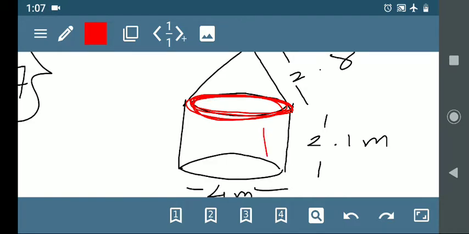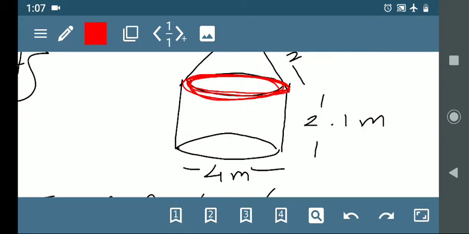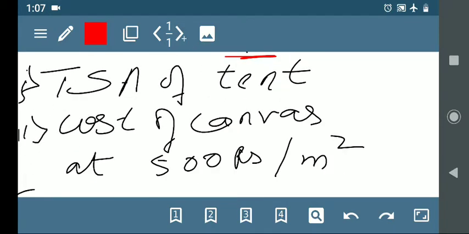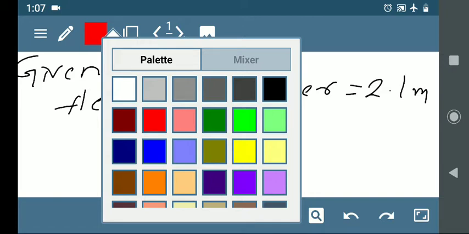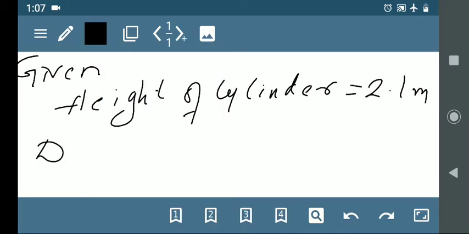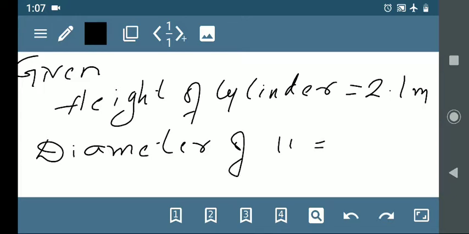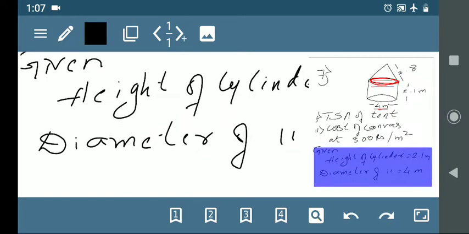If its diameter is 4, then the top diameter will also be 4 and the cone's diameter is also 4, right? So therefore diameter of cylinder is equal to 4 meters.